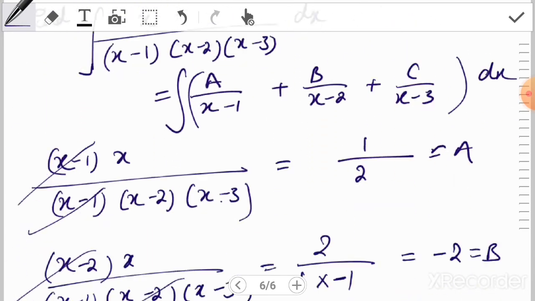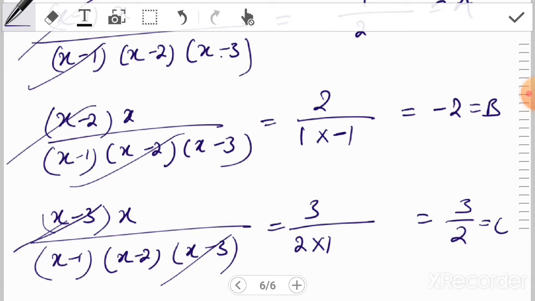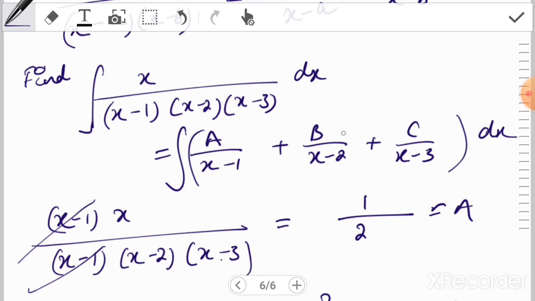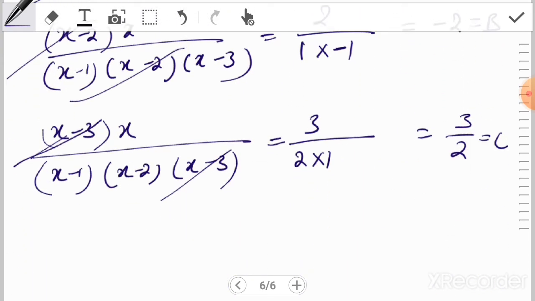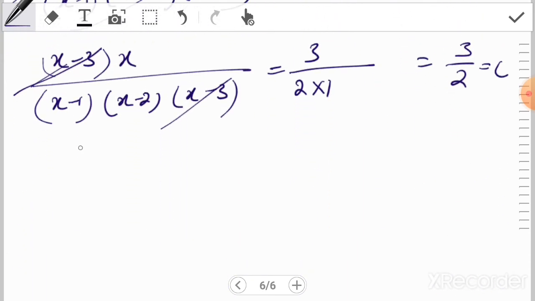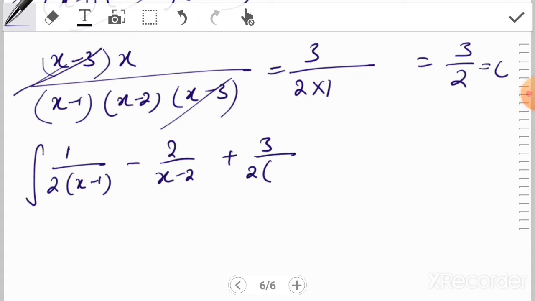Now let us put the values of A, B and C here. So we have to find the integral of 1 by 2(x minus 1) minus 2 by (x minus 2) plus 3 by 2(x minus 3) dx, right?